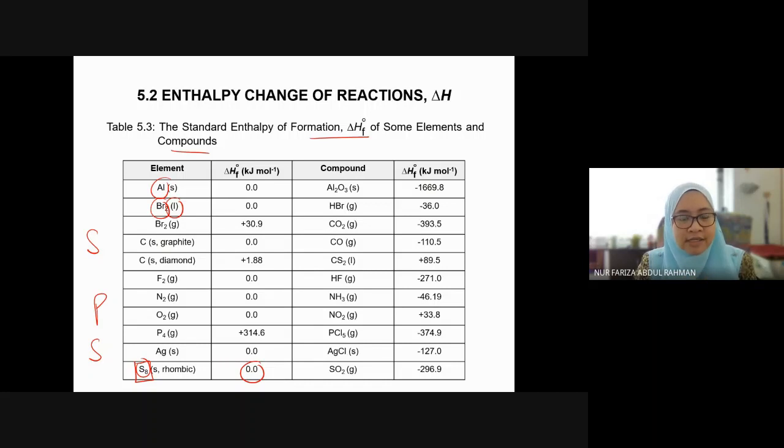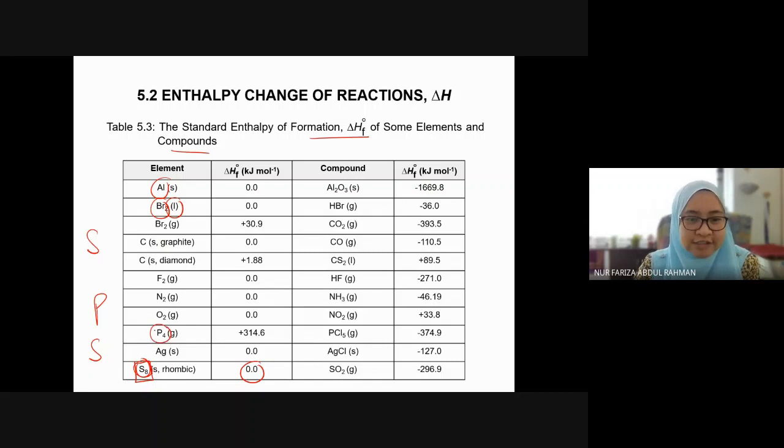It requires energy. Maksudnya dia kena ada reaction dekat situ in order to form S2. So macam mana dia form, whether kita buat dia jadi S2 ataupun naturally dia exist as S2, itu another part of story. Because the enthalpy of formation will not be 0. Kalau 0, dia adalah sebenarnya S8. Standard state dia S8.